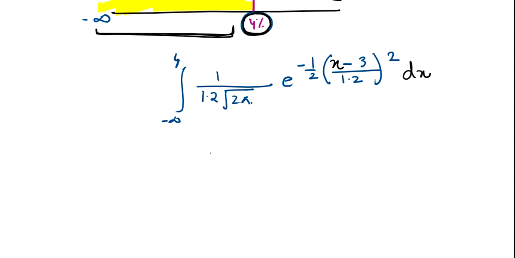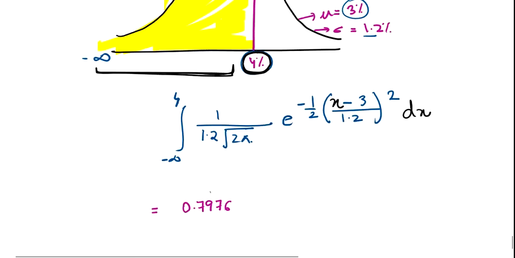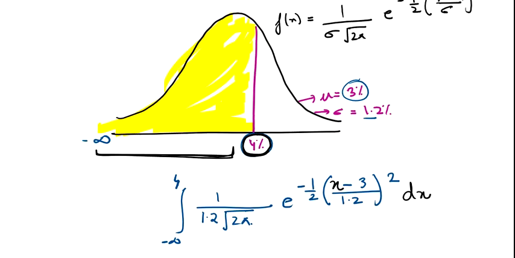I don't want to enter into the integration, but after solving this we will get the value of 0.7976, which means it is showing us that 79.76% of the data falls towards the left of 4%.